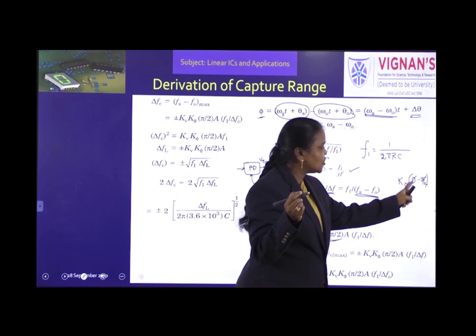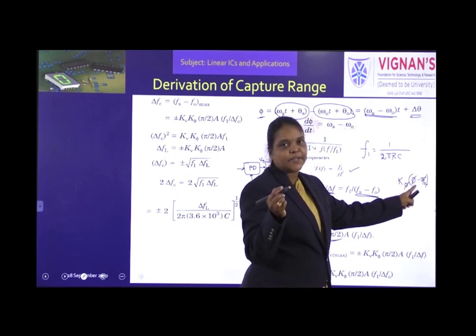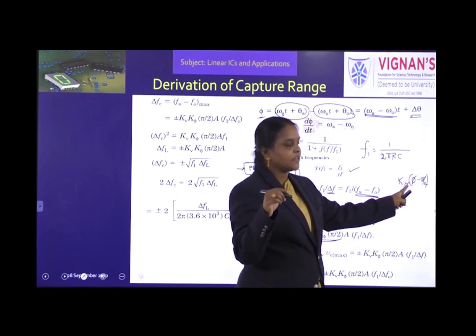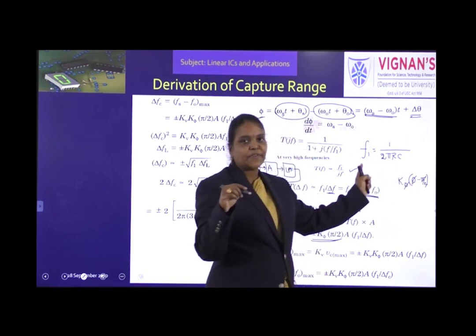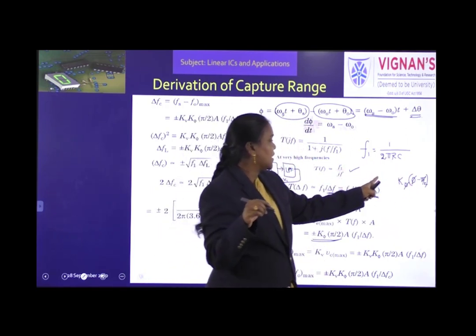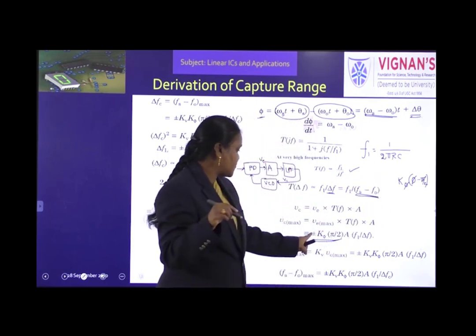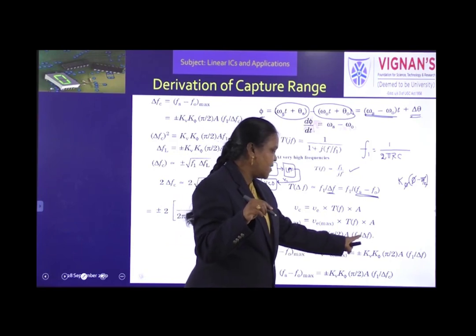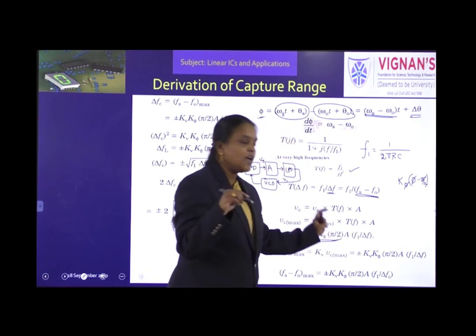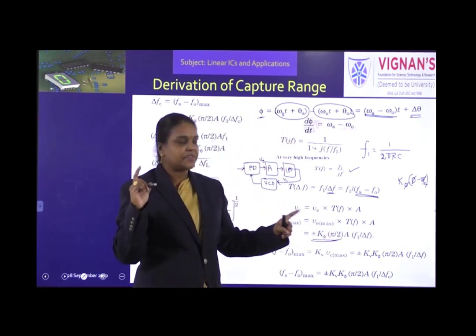When I substitute 0, it is K phi into minus pi by 2, that is minus K phi into pi by 2. When I substitute pi, it is positive, K phi into pi by 2. Okay, that is plus or minus K phi into pi by 2 into the amplifier gain A and the transfer function of the low pass filter at high frequencies.